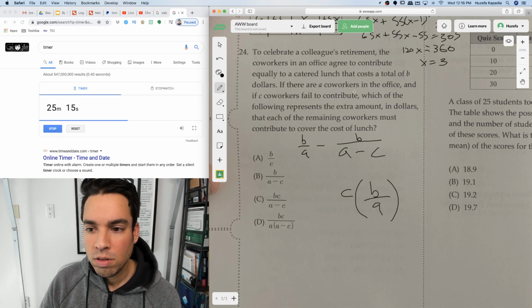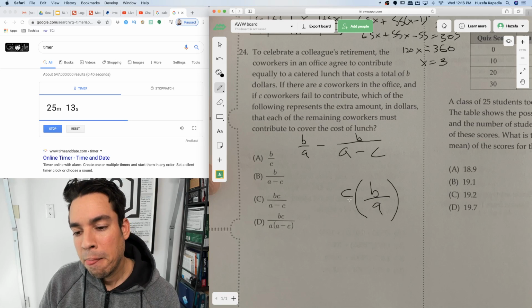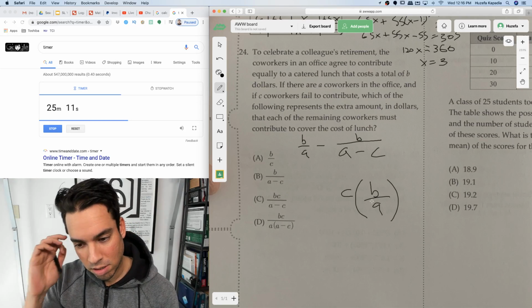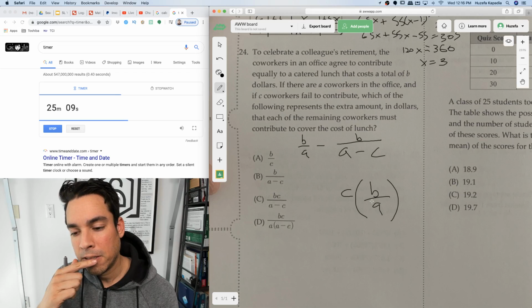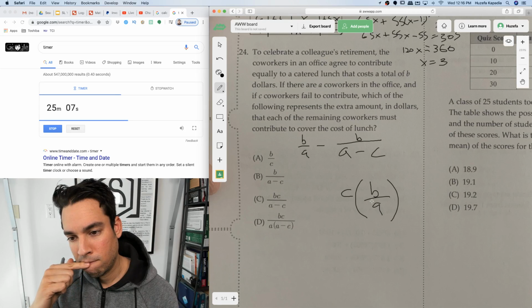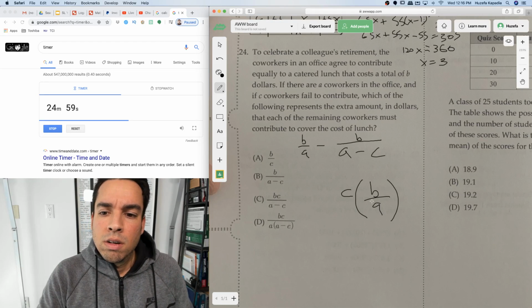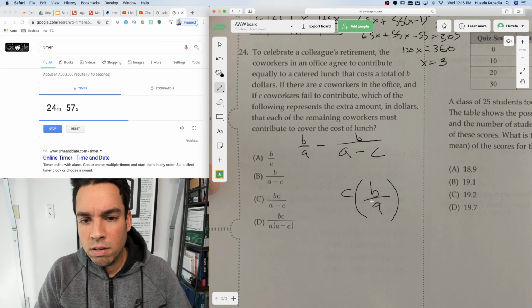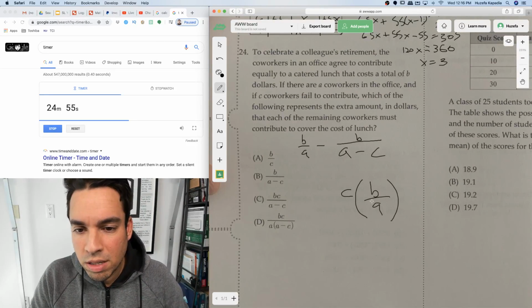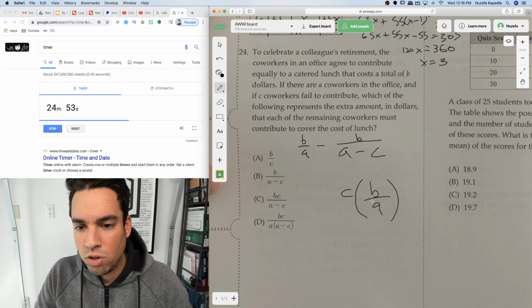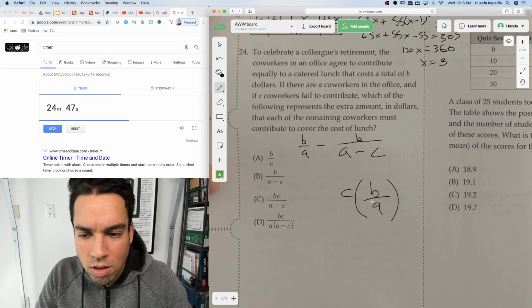And it goes over. So C multiplied by this. Wait a minute, it's just B over A. I'm really confused on this because there are A coworkers. Dollars that each of the remaining coworkers must contribute to cover the cost of lunch.